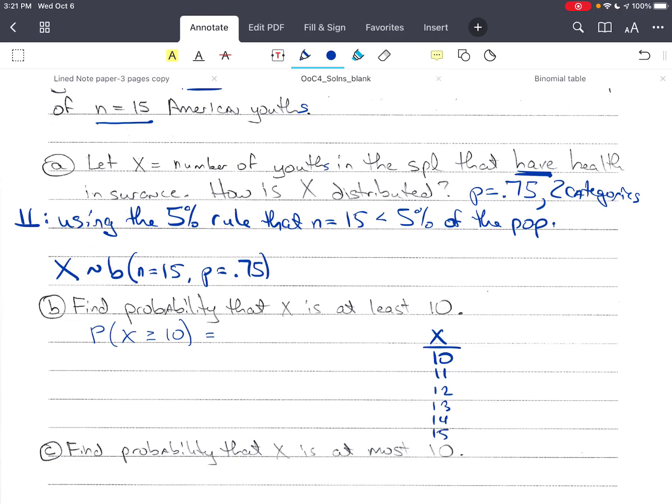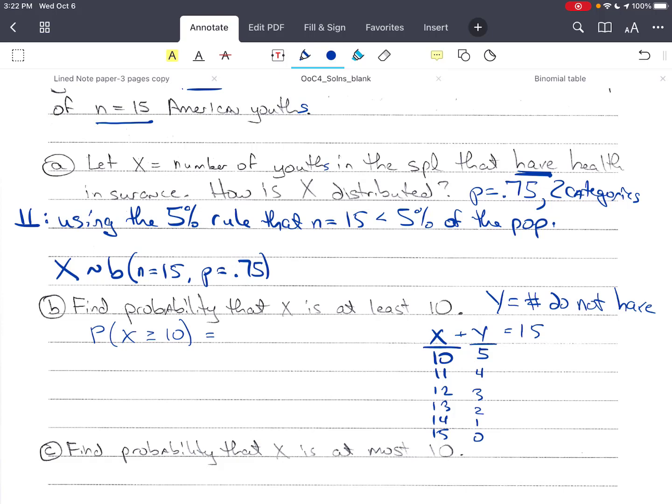Now, what if y is the number of American youth that do not have health insurance? Well, in this case, x plus y has to equal 15. So there'd be 5 that did not have, 4, 3, 2, 1, or 0.